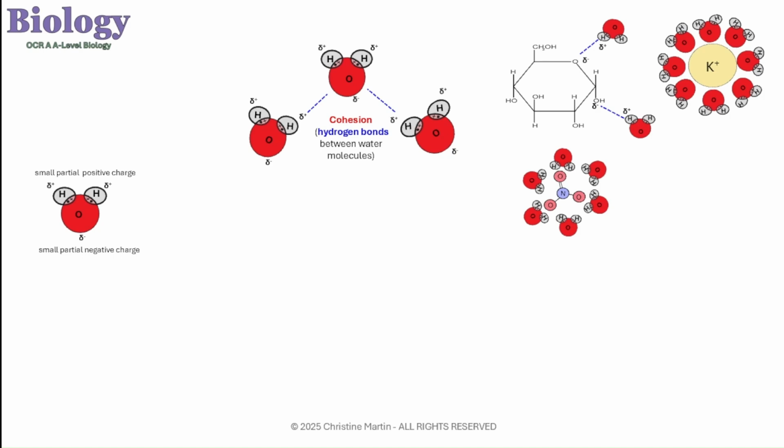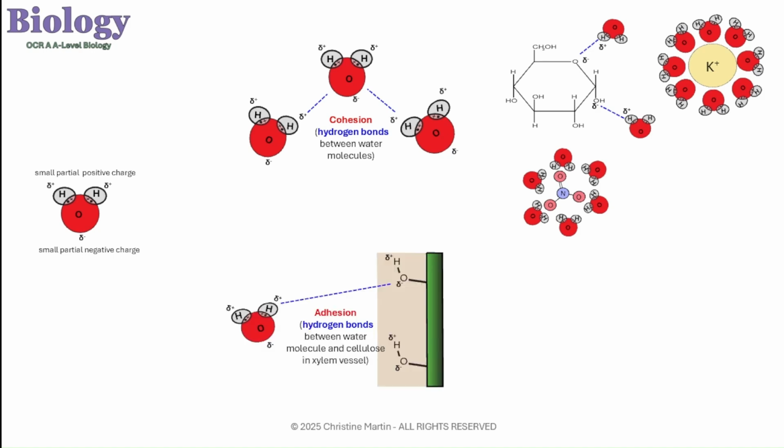In addition to its interaction with ions and polar molecules, water also exhibits adhesion. Now, this is the ability to form hydrogen bonds with other polar or charged surfaces. So we spoke about that when we talked about the xylem vessel. While cohesion describes the attraction between the water molecules, adhesion occurs when water molecules are attracted to a different material, such as the walls of the plant xylem or glass.